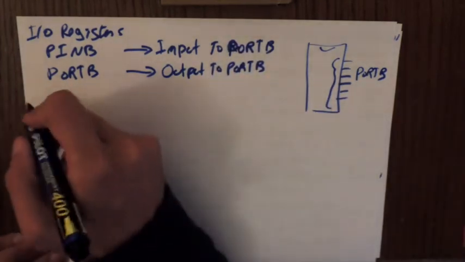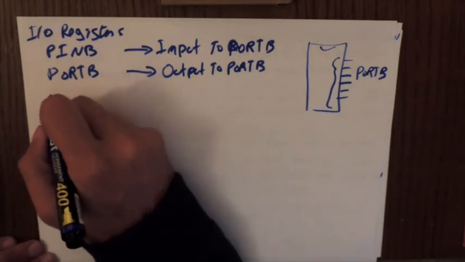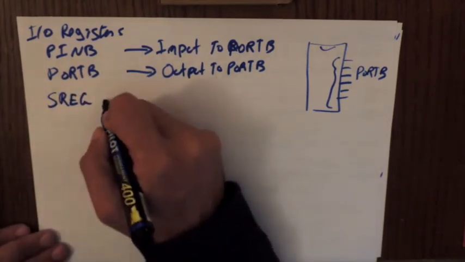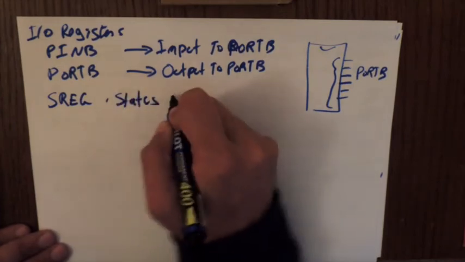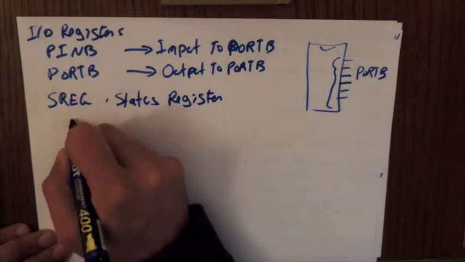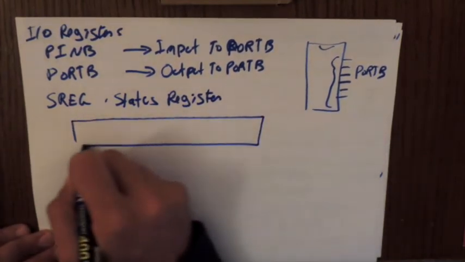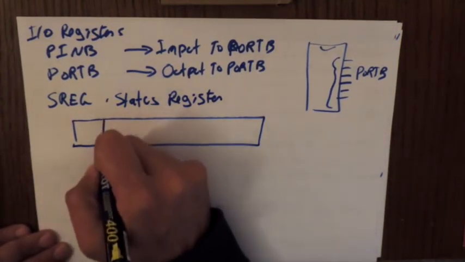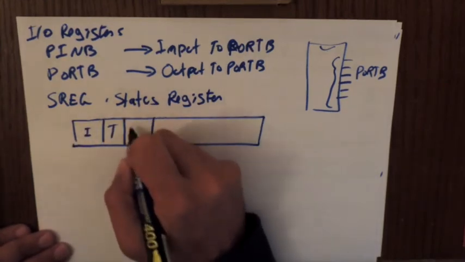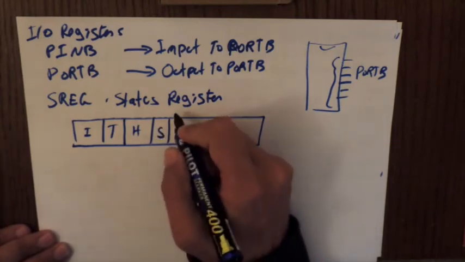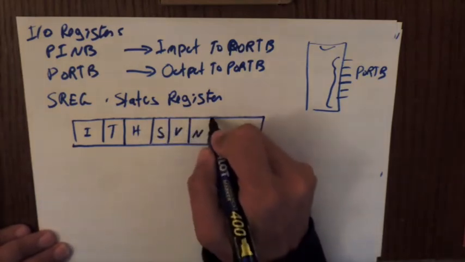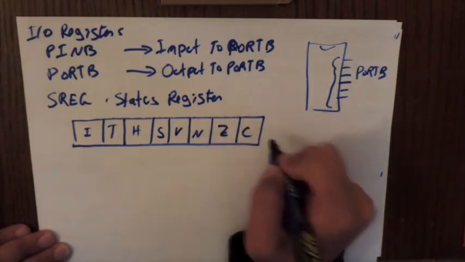So another register that we talked about is I/O register. It's called SREG, which is special register. And this SREG is called status register. And with this status register, I'm gonna draw it. It has I, flag, T, H, S, V, N, Z, and carry.